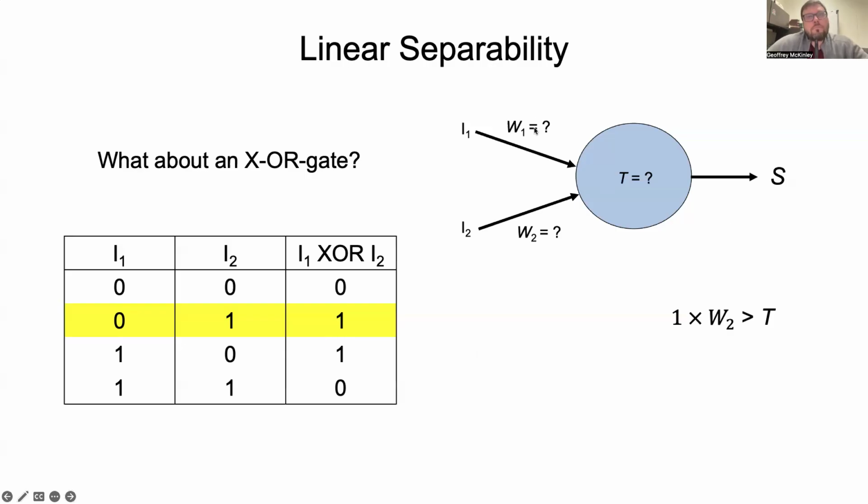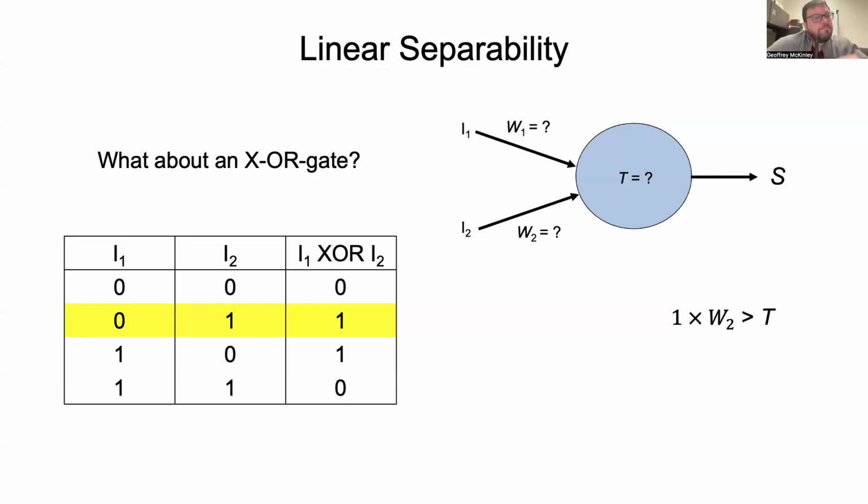So for example, let's start with this second row here. If input two is one, and we multiply that input of one by the weight, that should be greater than the threshold. We know that in order for the output in the second row to be one, the weight basically has to be greater than the threshold.